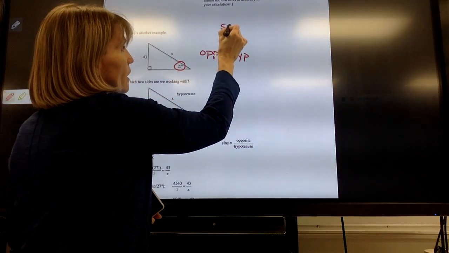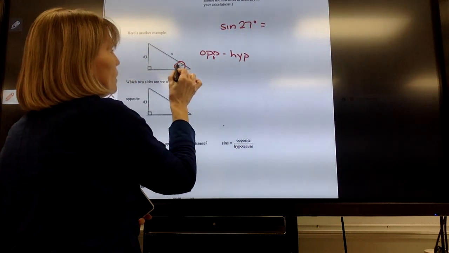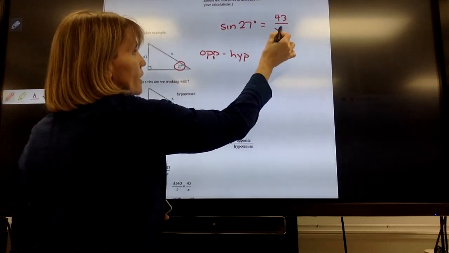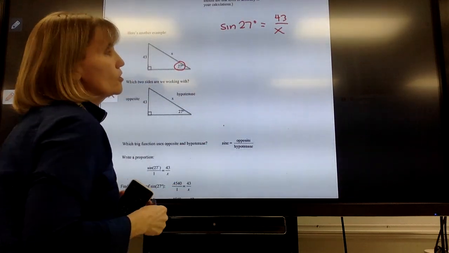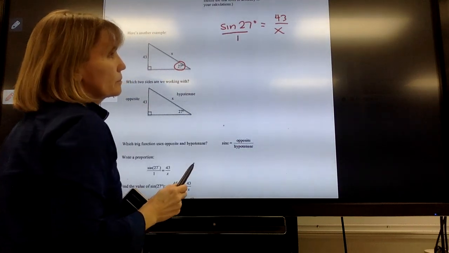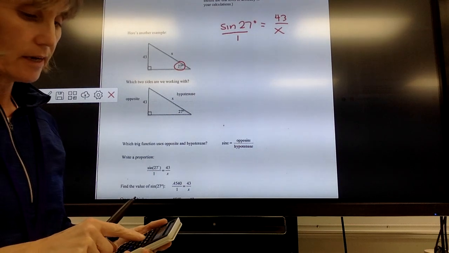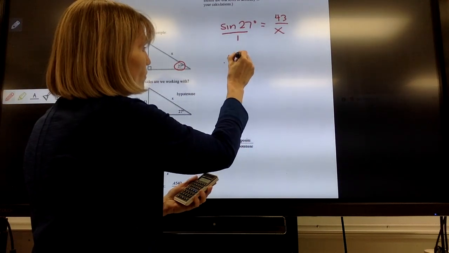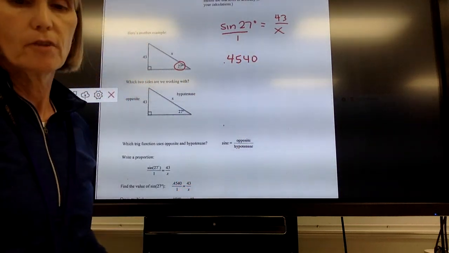So the sine of 27 degrees is equal to the opposite leg, 43, over the hypotenuse, x. So I first set up an equation, and now I want to solve for x. I'm going to put this over 1. I hit 27 and sine, and I get a decimal of 0.4540, rounded to the fourth place after the decimal point.